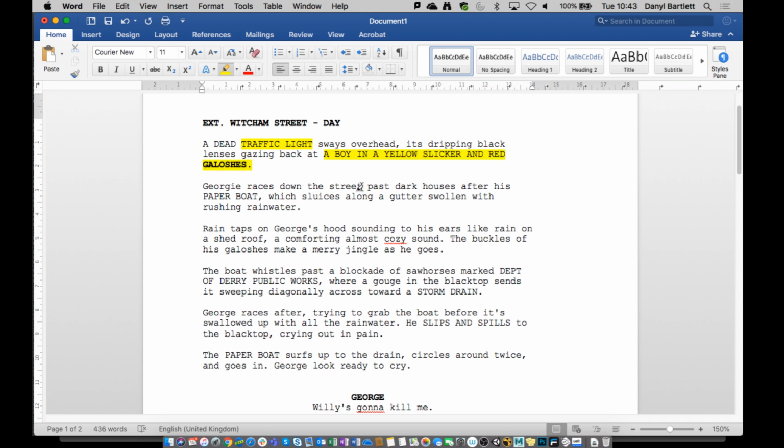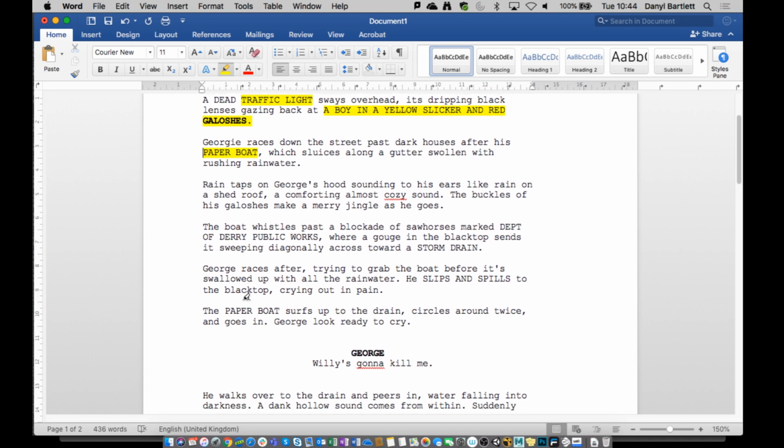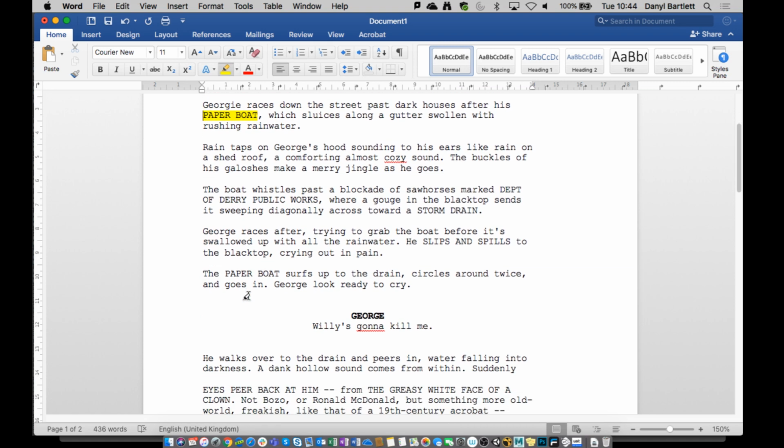Georgie races down the street past the dark houses after his paper boat, which sluices along a gutter swollen with rushing rainwater. Rain taps on George's hood, sounding to his ears like rain on a shed roof. A comforting, almost cozy sound. The buckles of his galoshes make a merry jingle as he goes. The boat whistles past a blockade of sawhorses marked Department of Derry Public Works. That's important.